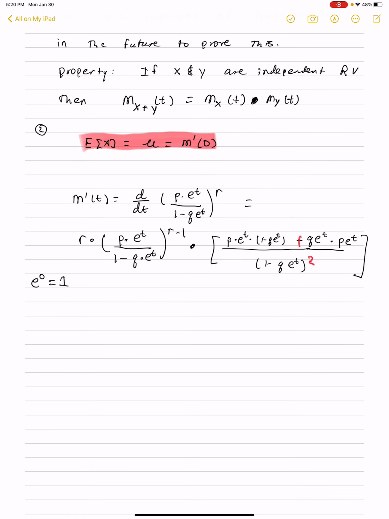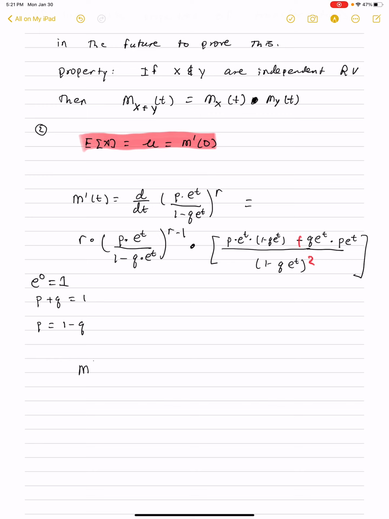Now, one more fact is that p plus q is 1, so that will tell us that p is going to be 1 minus q. So a useful fact is that p is 1 minus q, and e to the 0 is 1.